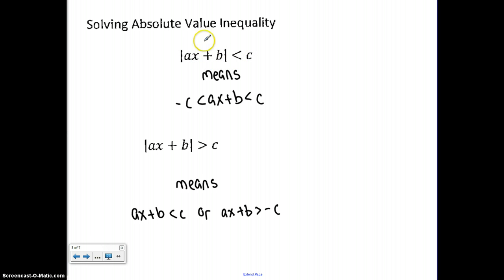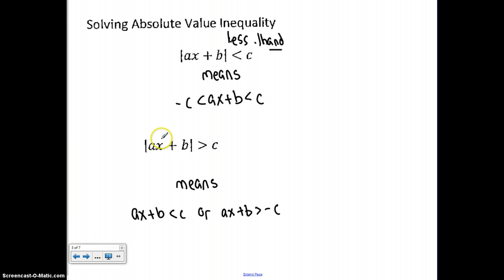So I want to find values that I can put in place of x that would make this value less than c. In order to do that, we want to make an and inequality. So what we do is we take negative c, whatever is by itself on the other side of the inequality, is less than ax plus b, which is less than c.